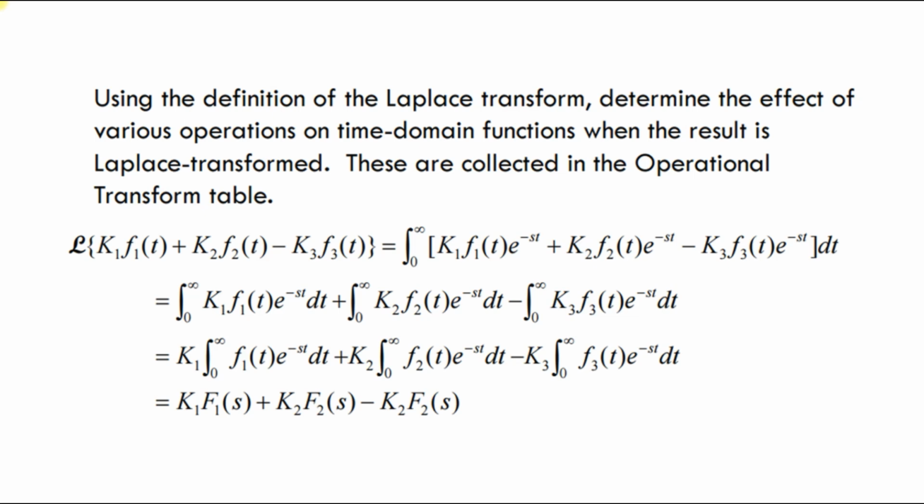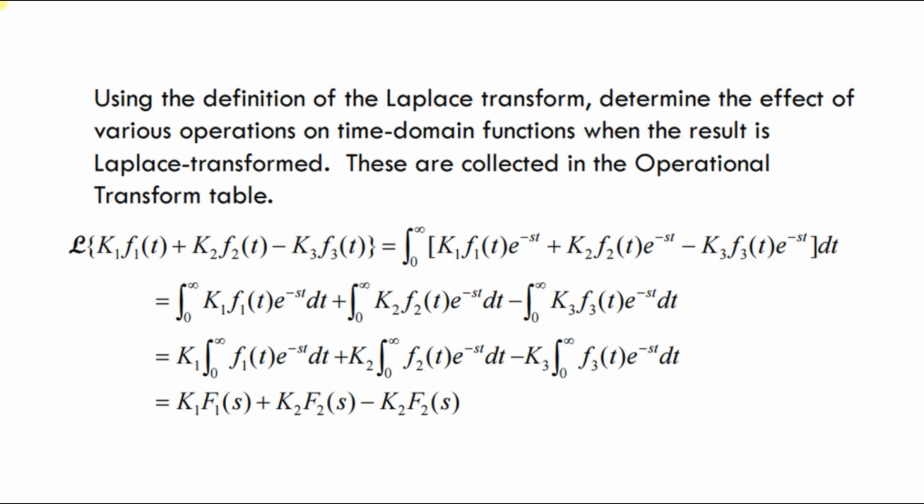From the definition of the Laplace transform, the various operations on the time domain functions and the corresponding results are tabulated here. First of all, take some simple functions: the Laplace transform of k1 into f1 of t plus k2 into f2 of t minus k3 into f3 of t. Here k1, k2, k3 are all constants, and f1 of t, f2 of t, f3 of t are some functions.